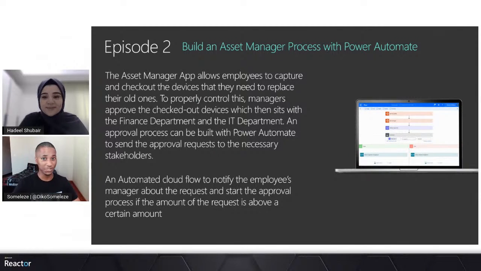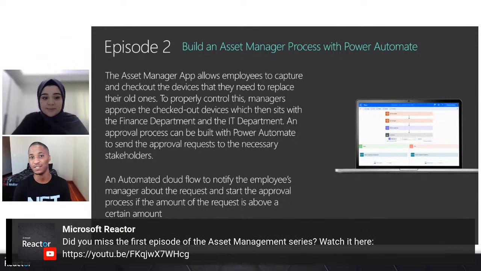The first episode was just building the interface and looking at the scenario there. In this specific episode today, we are looking at another scenario for the very same asset management series. So we are building an asset manager process using Power Automate.